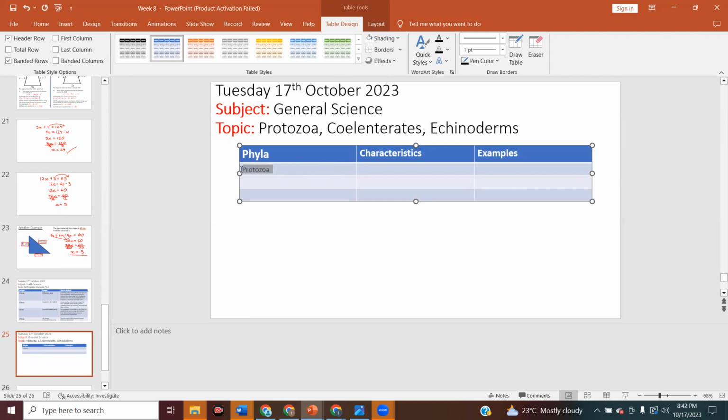So for protozoa, characteristics would be obviously it consists of one cell.